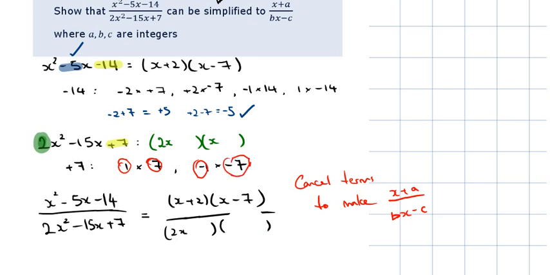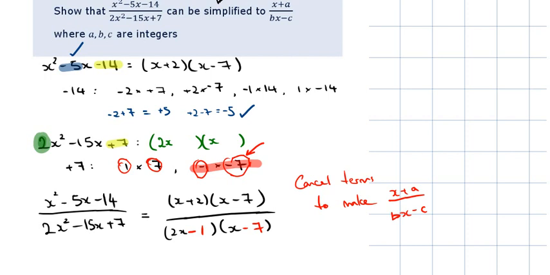The only thing that I can really do is therefore an x minus 7. And because I have an x minus 7 down there, it transpires that I have to have a 2x minus 1 on the left-hand side.